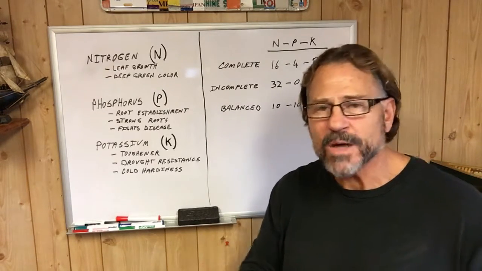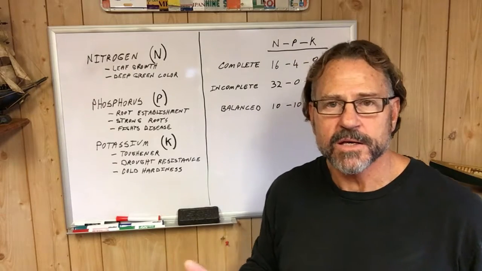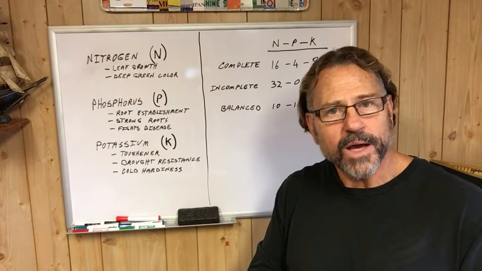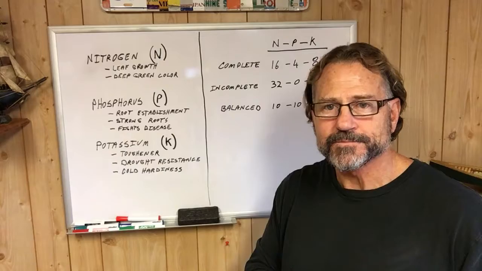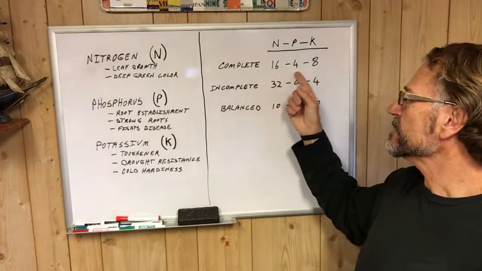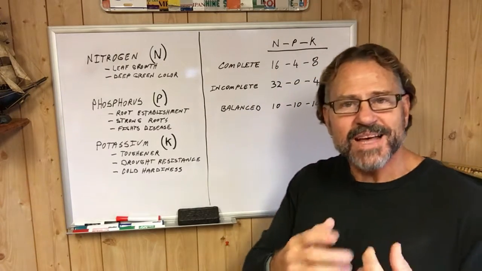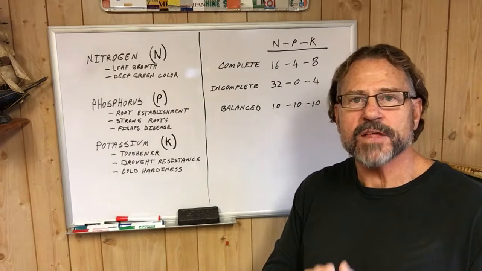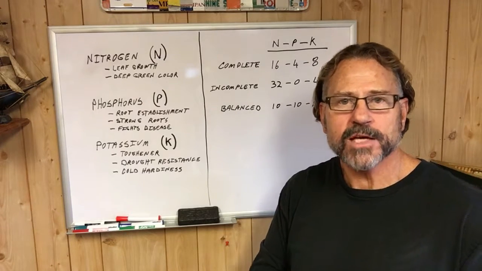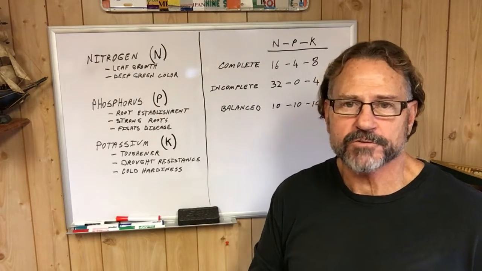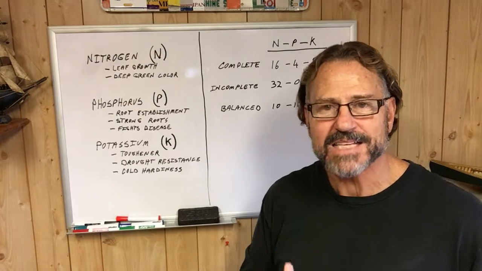It doesn't matter what size the bag is, it's the percentage by weight of that nutrient. So in this example, we have a 16-4-8 formulation. That tells us that 16% of that bag is made up of nitrogen, 4% is made up of phosphorus, and 8% is made up of potassium.